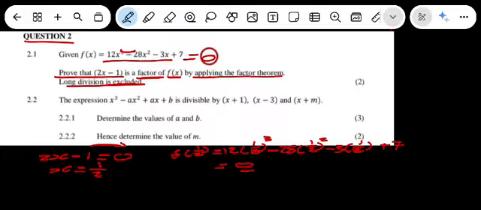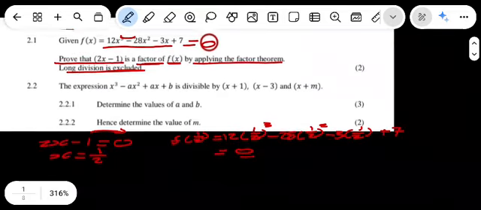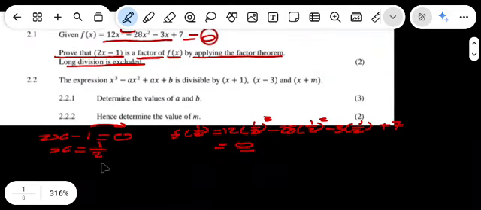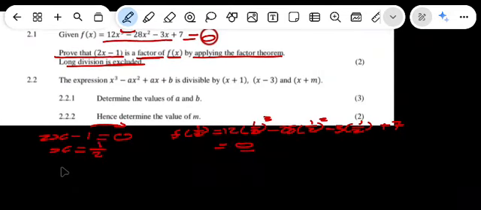We can clearly state that 2x minus 1 is a factor. Alright, so that is how you determine your factor without using long division.